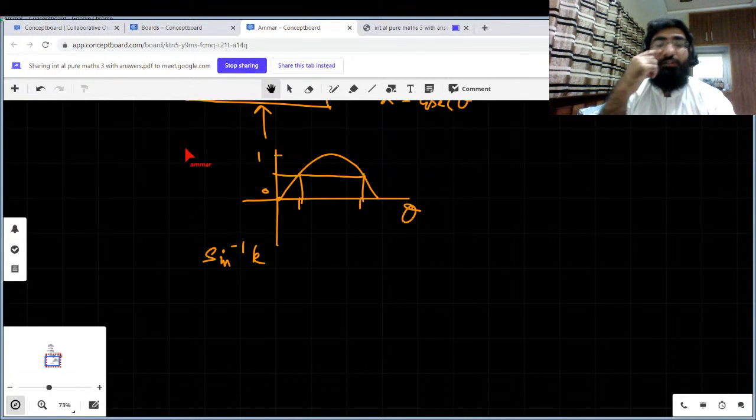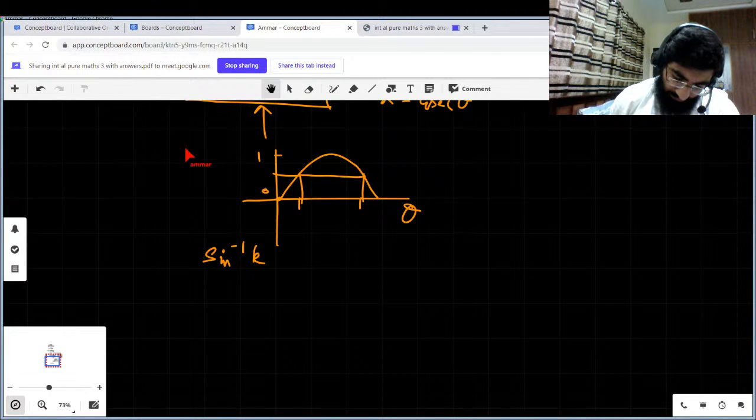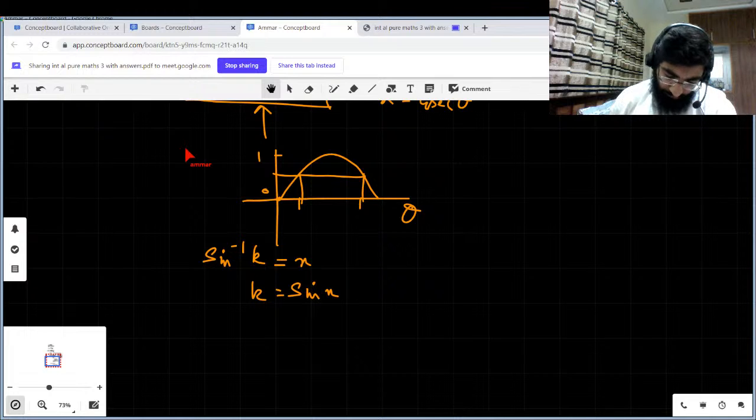So sine inverse of k will give me one value for which sine x is equal to k. If sine inverse of k is equal to x, then k is equal to sine x, right? So I have to find what two values will give me k is equal to sine x.